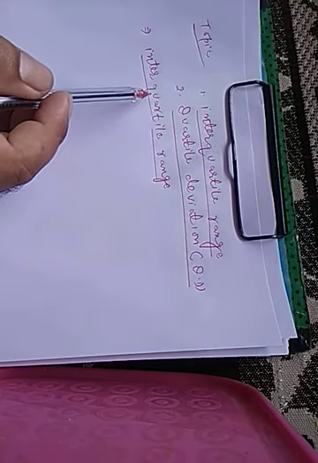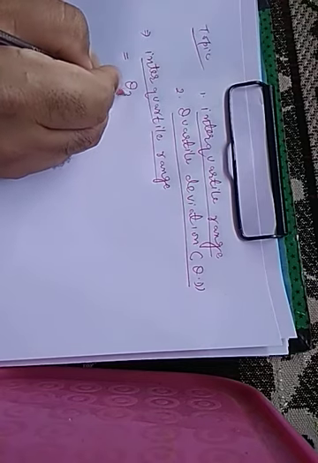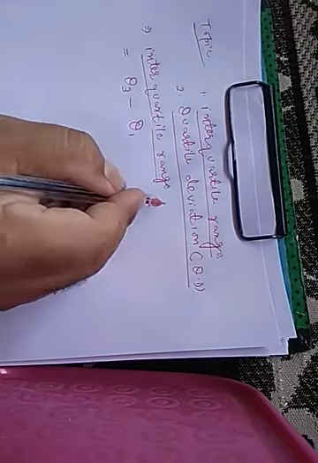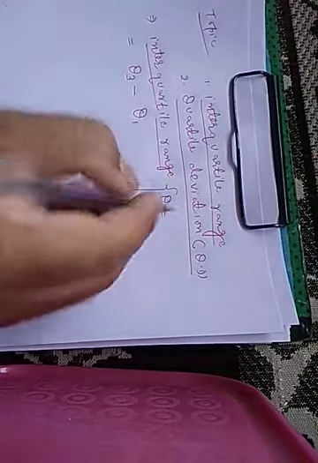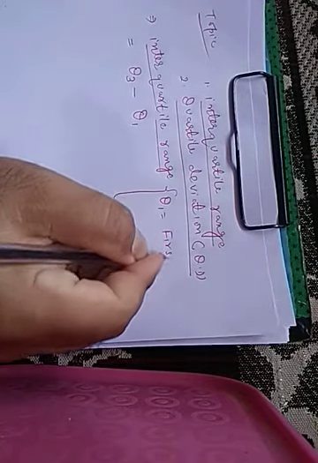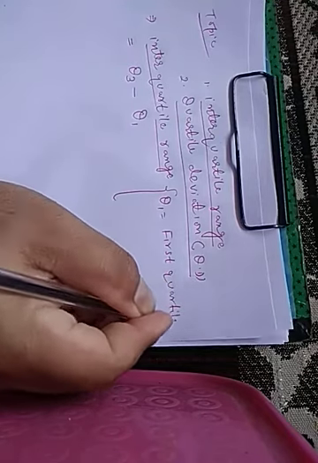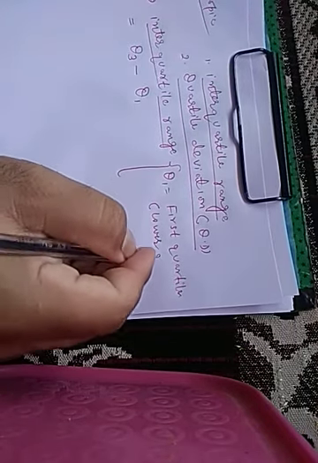the difference between third quartile and first quartile, and its formula is given as: third quartile minus first quartile, where Q1 is known as first quartile, or we can say lower quartile.